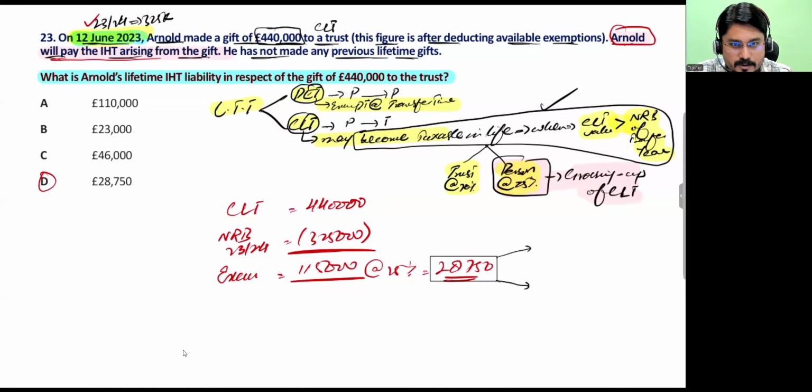There are two conditions basically. If I recall, if the asset is transferred between April to September, that's a different timeline. And if the asset is transferred from October till March, then the lifetime IHT payment date is changed. Can you please check by keeping this transfer date in mind, which is 12th June 23.